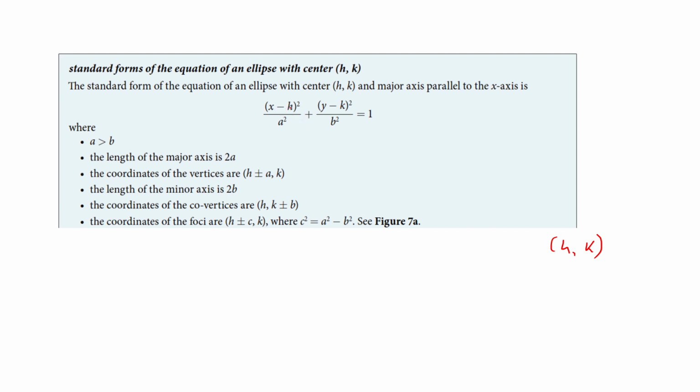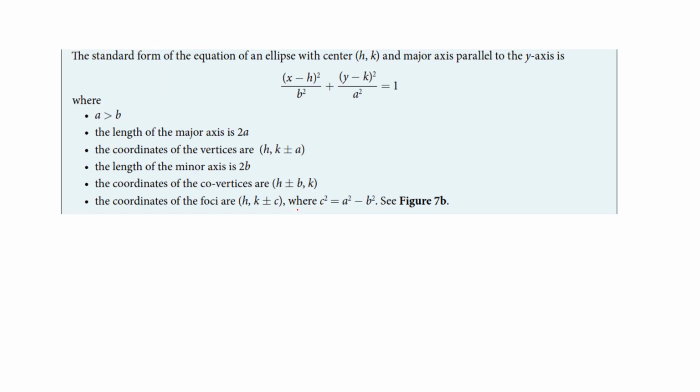So I've got x minus h, y minus k. That's my shift. So this is the center, HK. Okay, everything else is the same. If we're going to take that A, we're going to adjust it along the major axis from the center. And so we're going to go right and left, up and down based off that new center. That's it. Everything else stays the same.